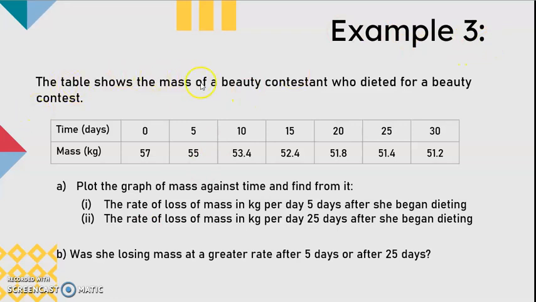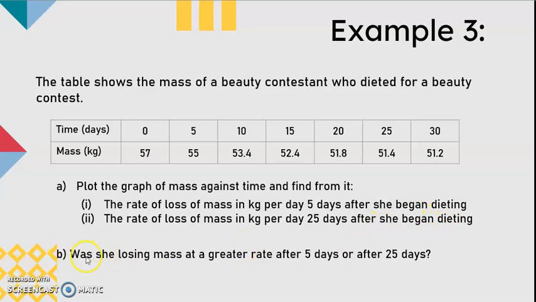The table shows the mass of a beauty contestant who dieted for a beauty contest. So this is the table. Now plot the graph of mass against time and find from it, number 1, the rate of loss of mass in kilogram per day 5 days after she began dieting. The second one, the rate of loss of mass in kilogram per day 25 days after she began dieting.